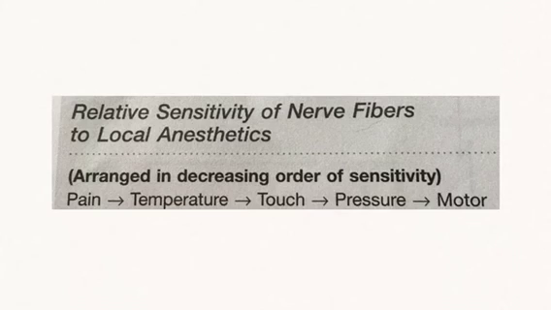Relative sensitivity of nerve fibers to local anesthetics. These are arranged in decreasing order of sensitivity: pain, temperature, touch, pressure, and motor. There are 2 adverse effects of local anesthetics.